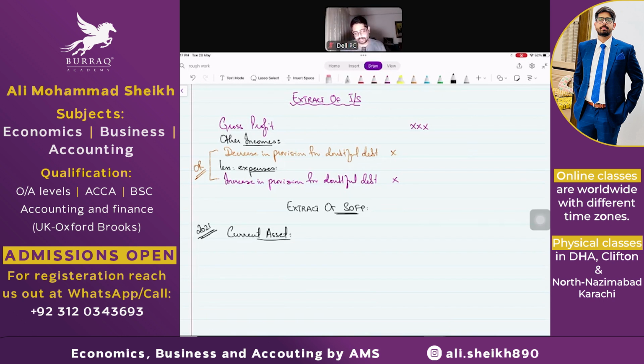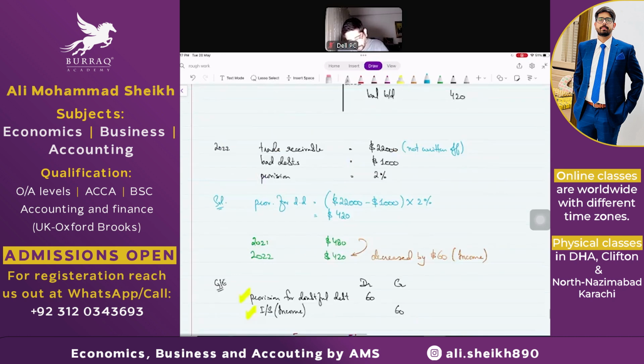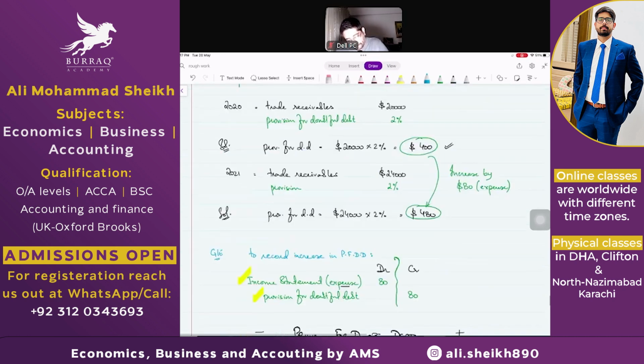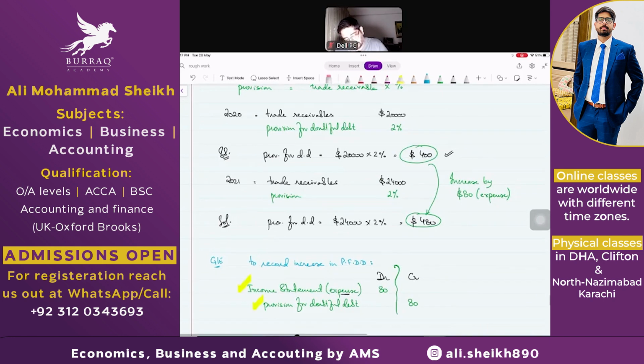In 2021, in a statement of financial position, how do we present the trade receivable balance? First write trade receivable. That was the first column; you can do the working in the second column. Trade receivable balance in 2021 was $24,000.